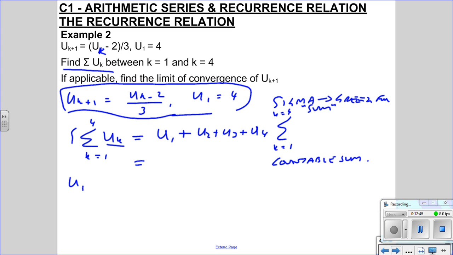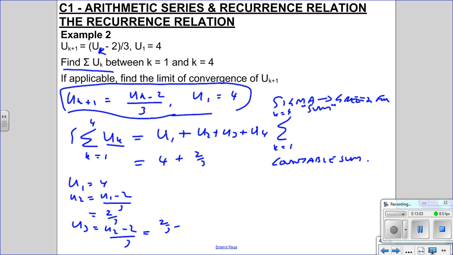So u1 we know is 4 already, so that's 4. u2 is the previous term minus 2 over 3. So 4 minus 2 over 3 is 2/3. u3 is the previous term minus 2 over 3.